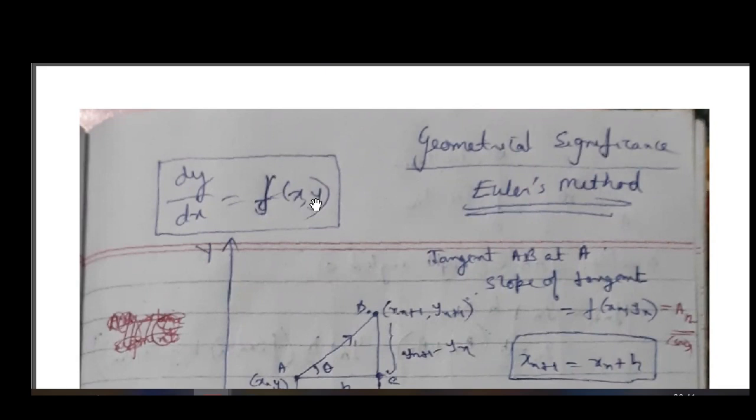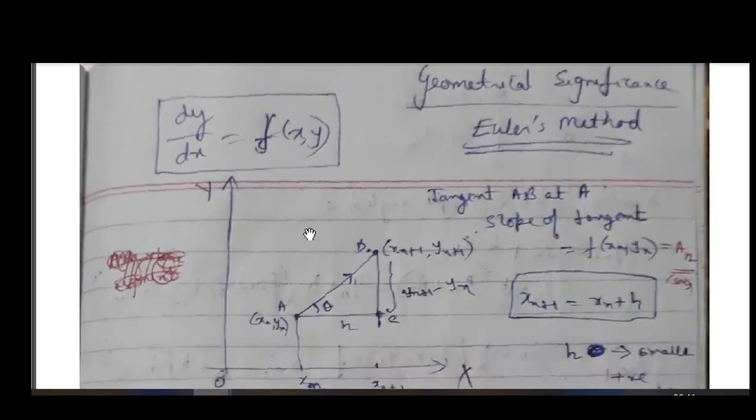Here also suppose AB is a straight line drawn through the point xn, yn. It has a slope f of xn, yn. This point is xn, this is xn plus 1. This amount AC is h. That means you are taking two neighboring points, and the difference between these two neighboring points is h.